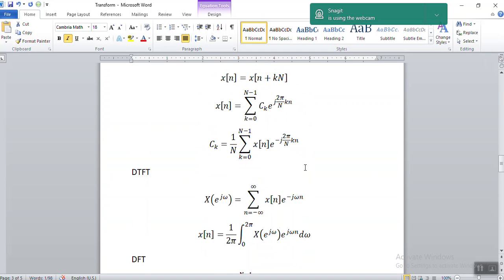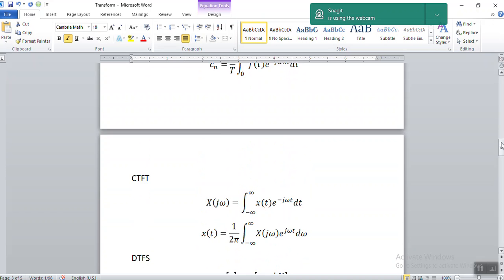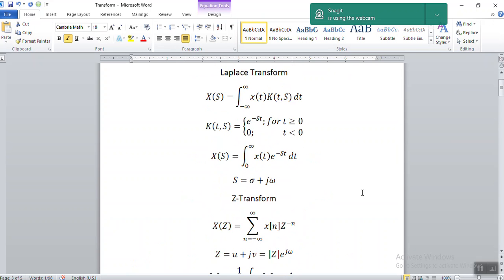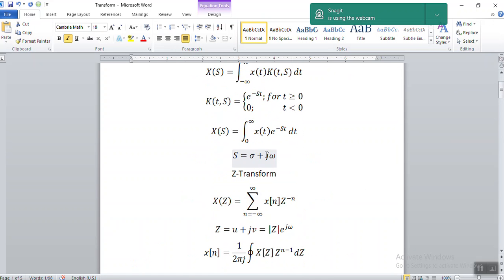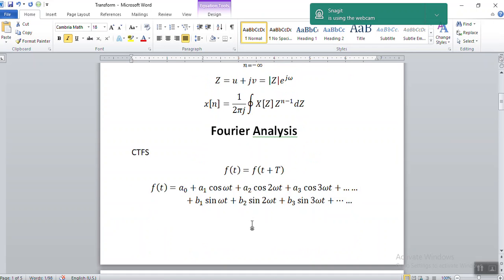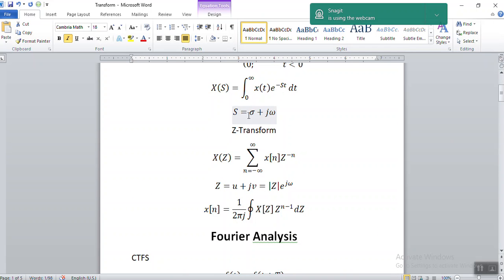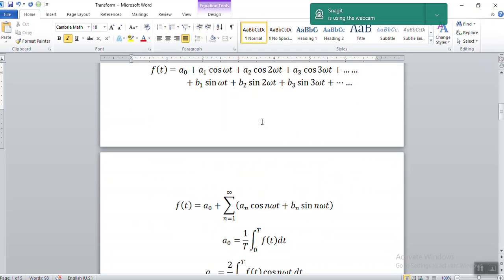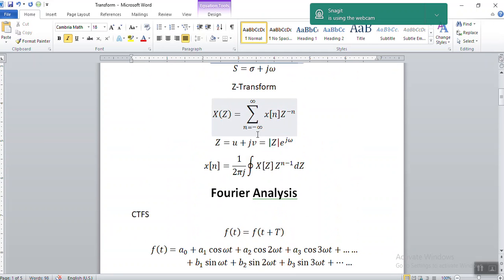Now if we relate Laplace and Fourier as I mentioned, s equals sigma plus j omega. If we look at the Fourier transform formula, if we consider sigma to be 0, that is the average value is 0, then s is equal to j omega. So in this formula, if we put s equal to j omega, it becomes the continuous time Fourier transform. Similarly, in the case of the Z transform, as you have seen, the complex z is nothing but modulus of z times e to the power j omega.